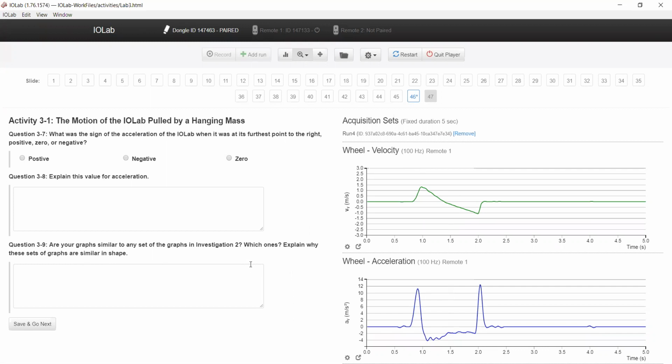You can see slowing down in the positive direction and speeding up in the negative direction, so you can explain based on those. Actually, it was also for reversing direction. You can go ahead and search investigation 2. Go ahead, answer this, and click save and go next.